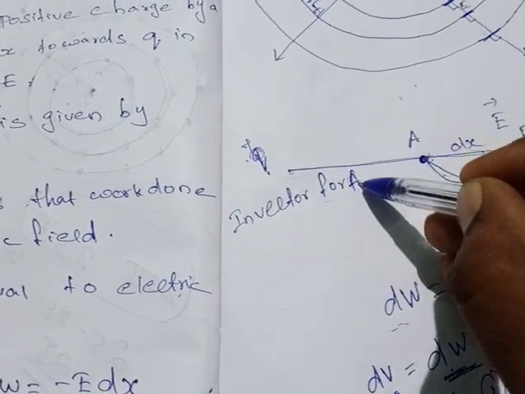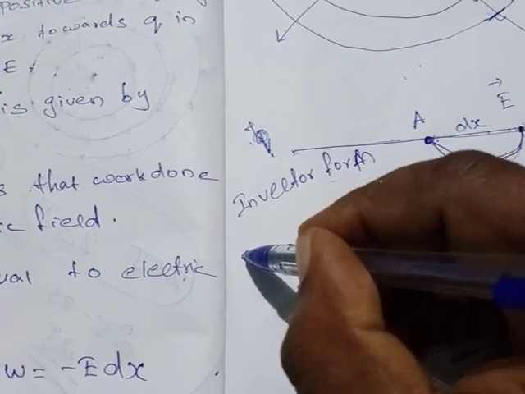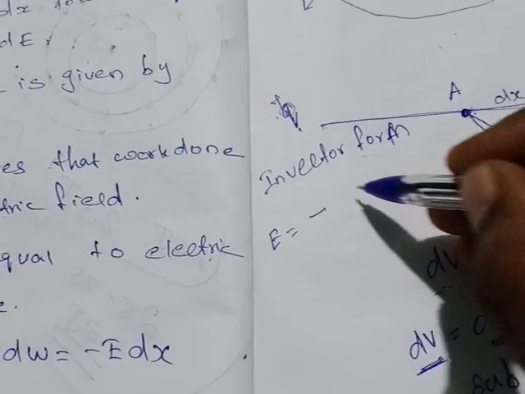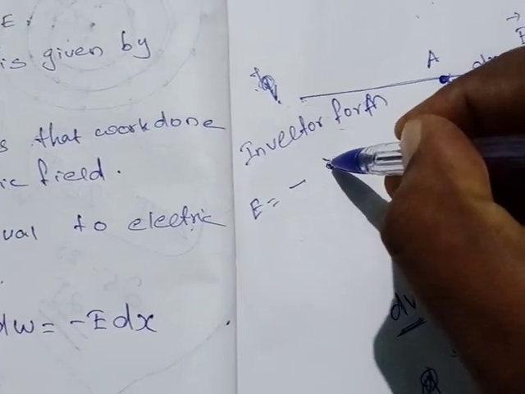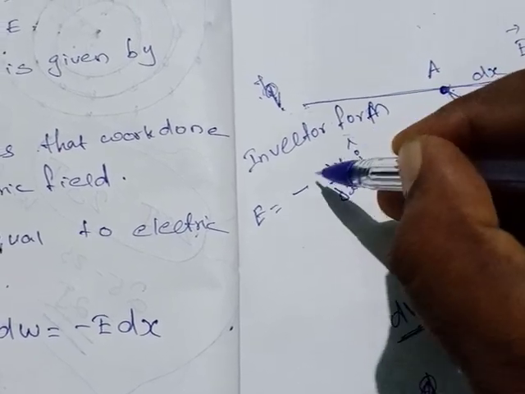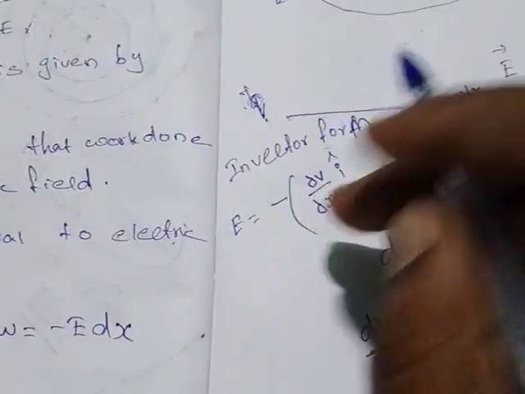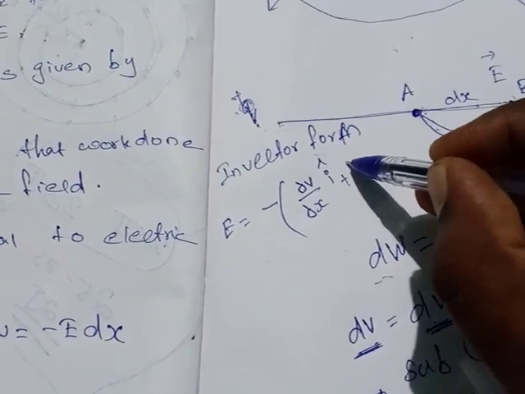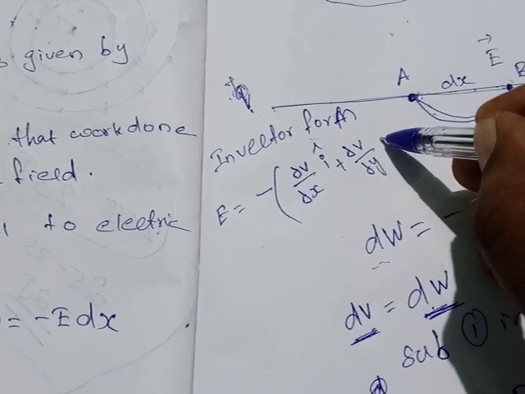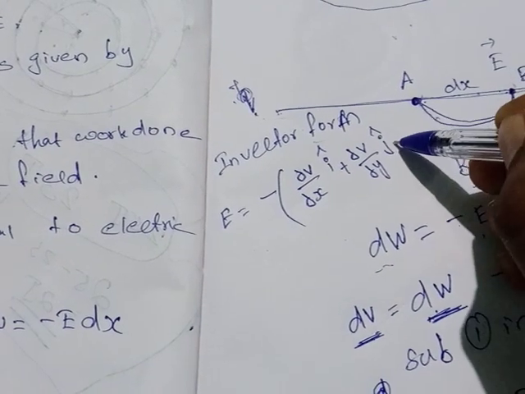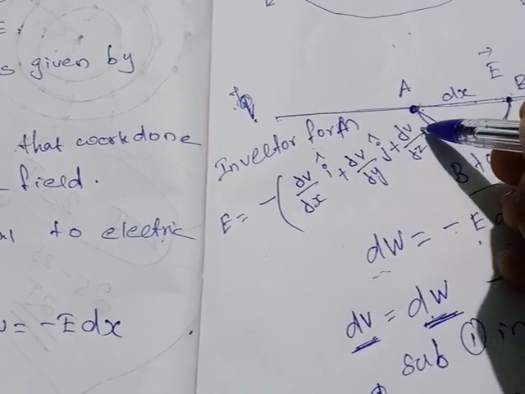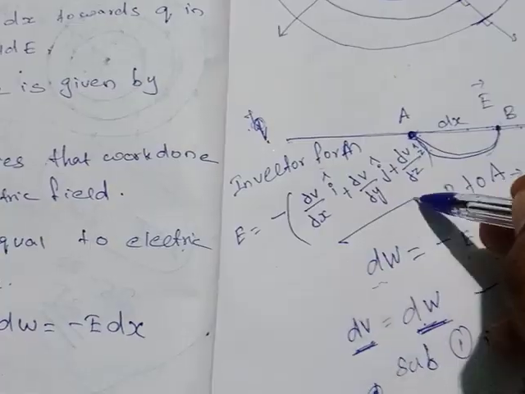So in vector form you can write this equation: E is equal to the same minus, instead of dV by dx, dou V by dou x, i unit vector. This is the differentiation form of this equation. Then dou V by dou y, j unit vector, plus dou V by dou z, k unit vector, you can write.